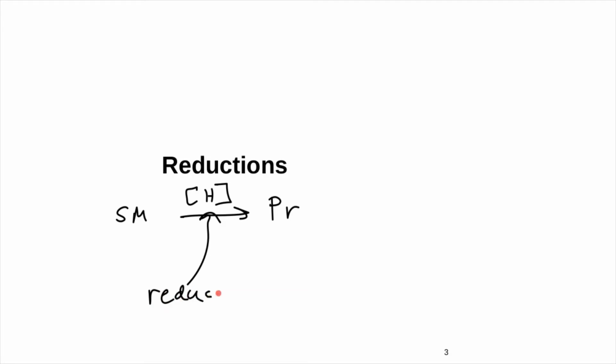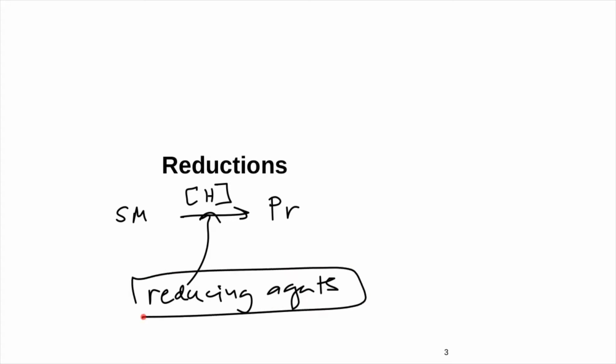So if we're doing a reduction reaction, our starting material is being reduced to our products, and we're going to use reagents. The reagents that we use are called reducing agents. So our reagents are reducing one compound to another by usually increasing the number of hydrogens, okay?